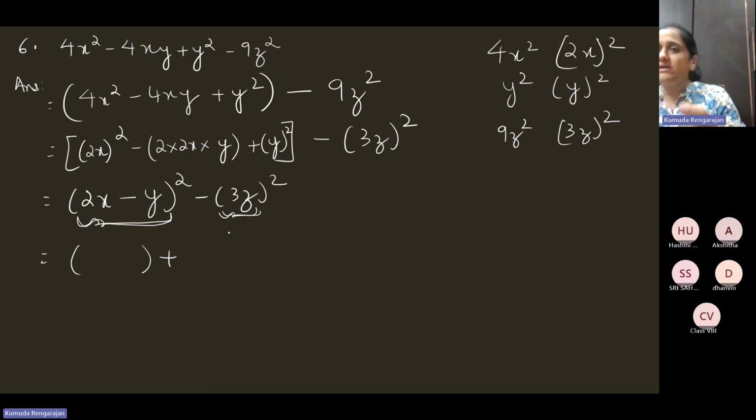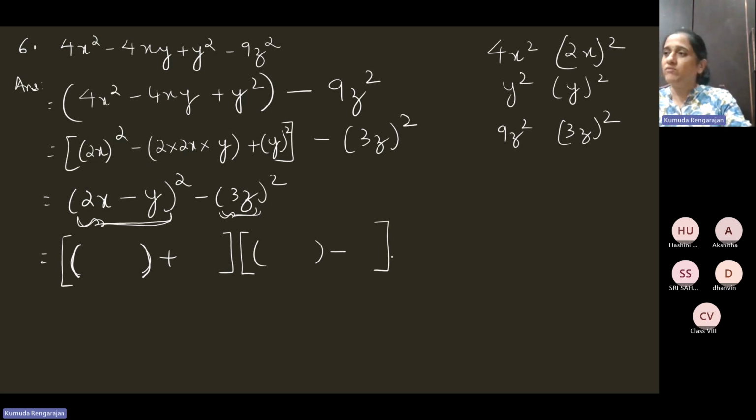If a or b has more than one term, then use a bracket. If it has a single term, you don't have to use a bracket. So see here, this bracket is for writing a plus b. What is this? A plus b into a minus b.